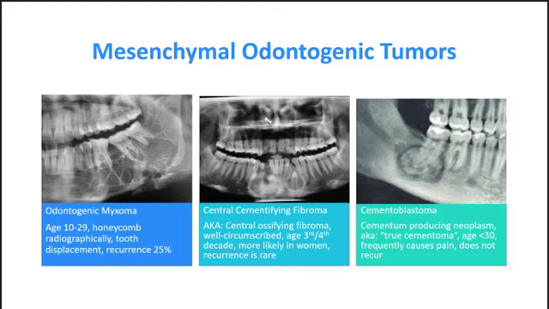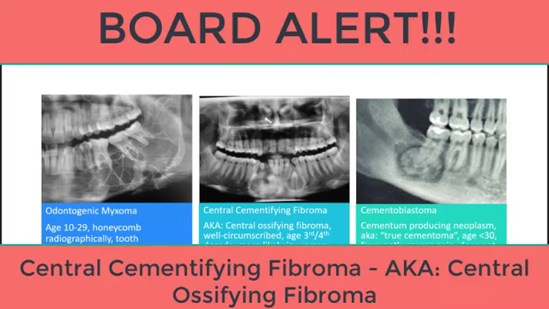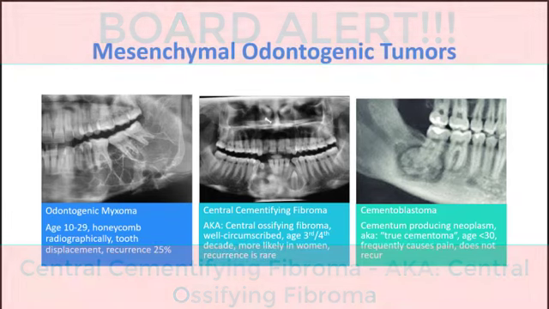The next one is going to be a board alert. Central cementifying fibromas are also known as central ossifying fibromas. Board alert. You need to remember that central cementifying fibromas are also known as central ossifying fibromas.